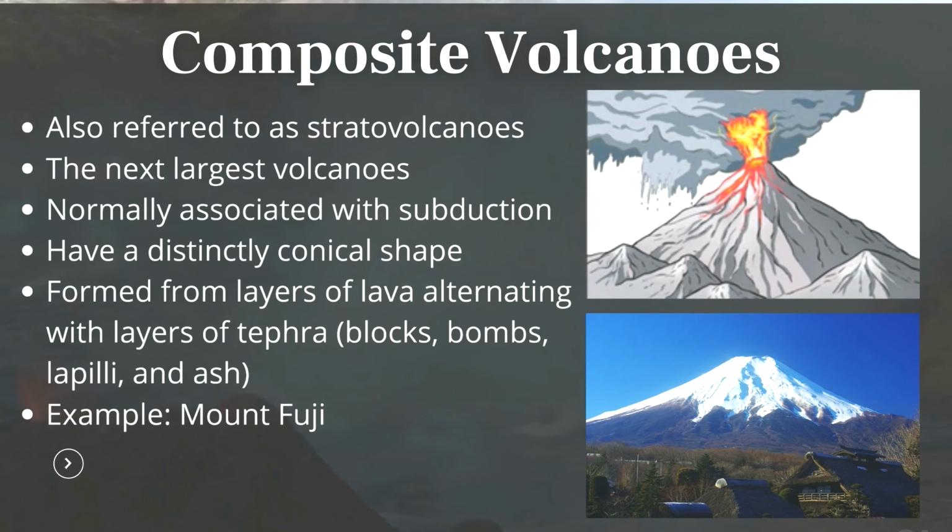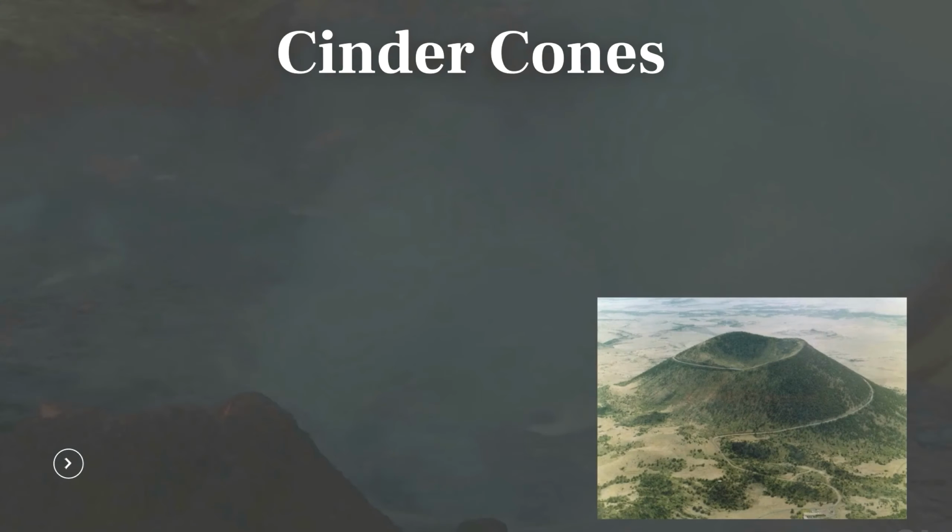Composite volcanoes, also referred to as stratovolcanoes, are the next largest volcanoes and are normally associated with subduction. Unlike shield volcanoes, composite volcanoes have a distinctly conical shape. They are formed from layers of lava alternating with layers of tephra. Examples of composite volcanoes are some of the Earth's grandest mountains like Mount Fuji.